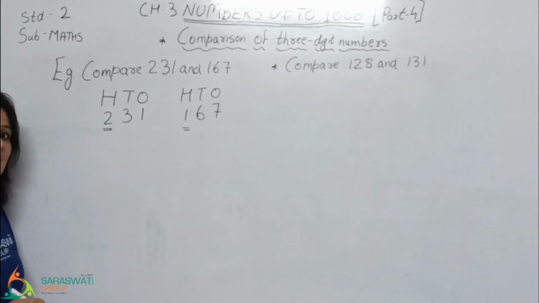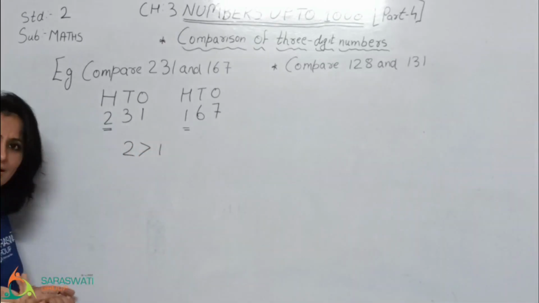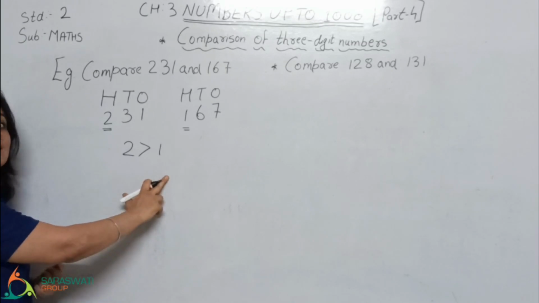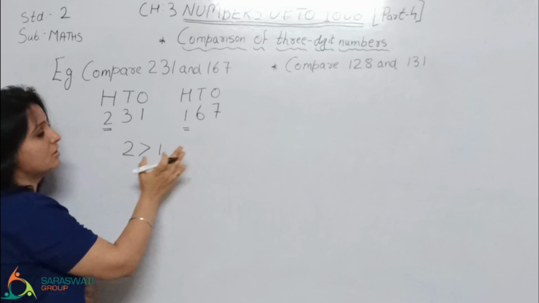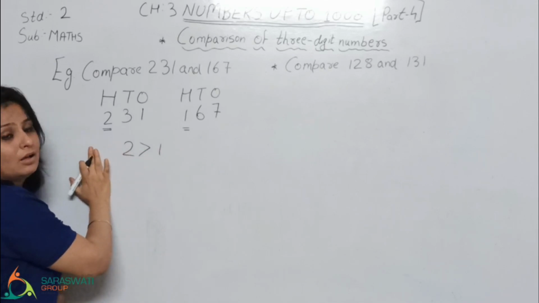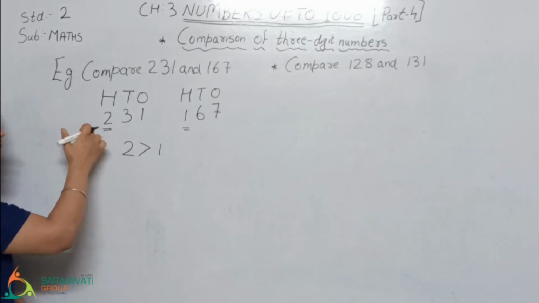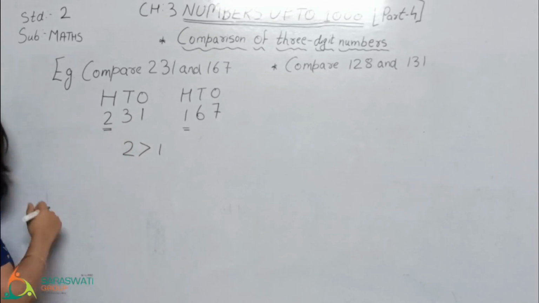So इसमें से क्या पता चला कि 2 is greater than 1, right? ये तो आप सबको पता है. अगर 2 is greater than 1, इसका मीनिंग ये हुआ कि ये नंबर बड़ा है, बिकॉज यहाँ पे ऑलरेडी फर्स्ट डिजिट ही बड़ा है. तो यहाँ पे तो सवाल ही नहीं है कि ये वाला नंबर बड़ा हो सकता है, क्योंकि पहला नंबर ही अगर बड़ा हो उसका मतलब हुआ कि वही नंबर बड़ा होगा.